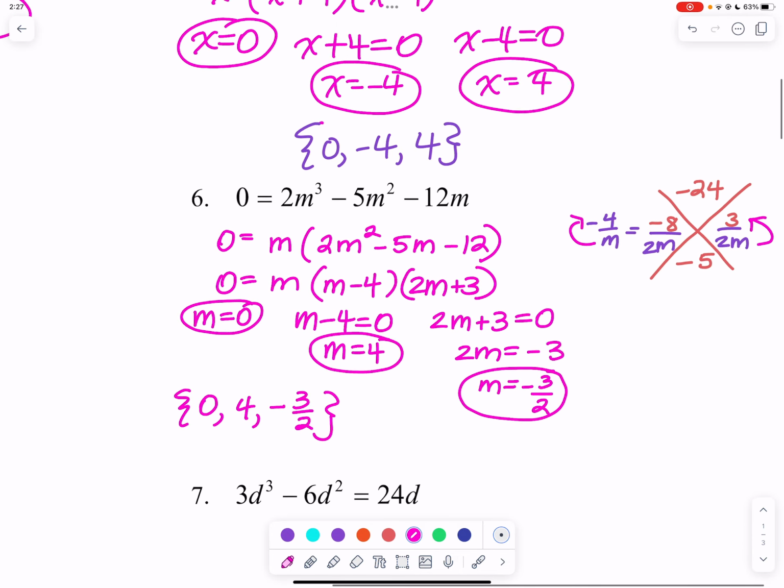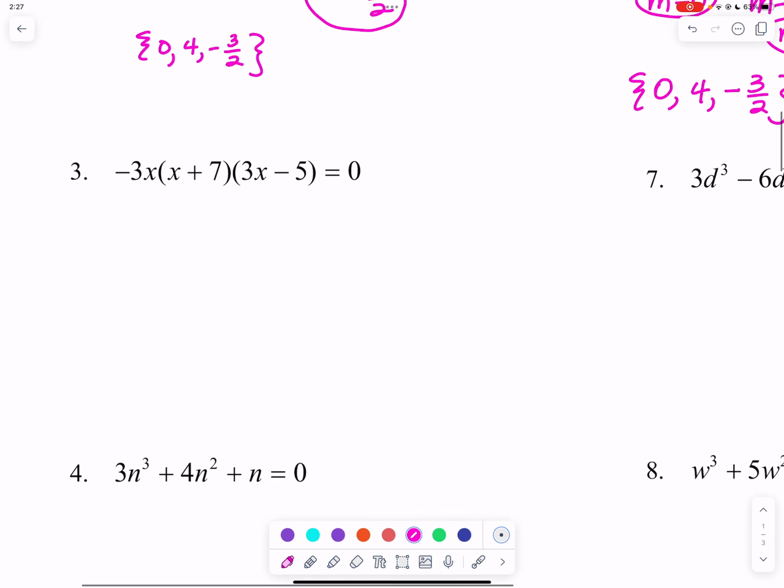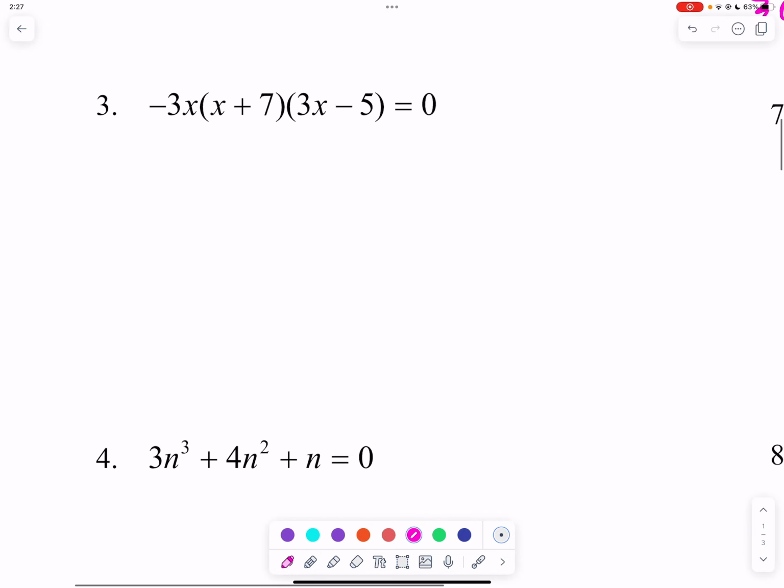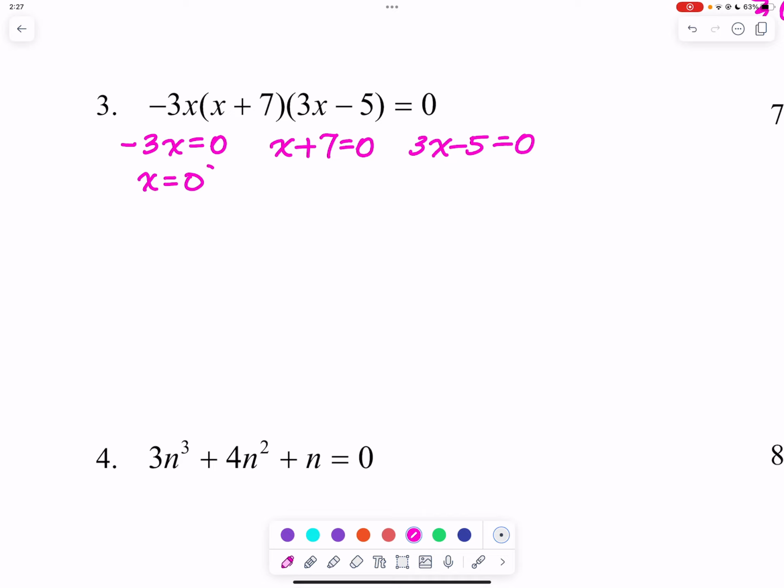Okay, let's go ahead and take a look at number 3, already factored for us. So either negative 3x equals 0, x plus 7 equals 0, or 3x minus 5 equals 0. So dividing both sides by negative 3, we get x equal to 0.